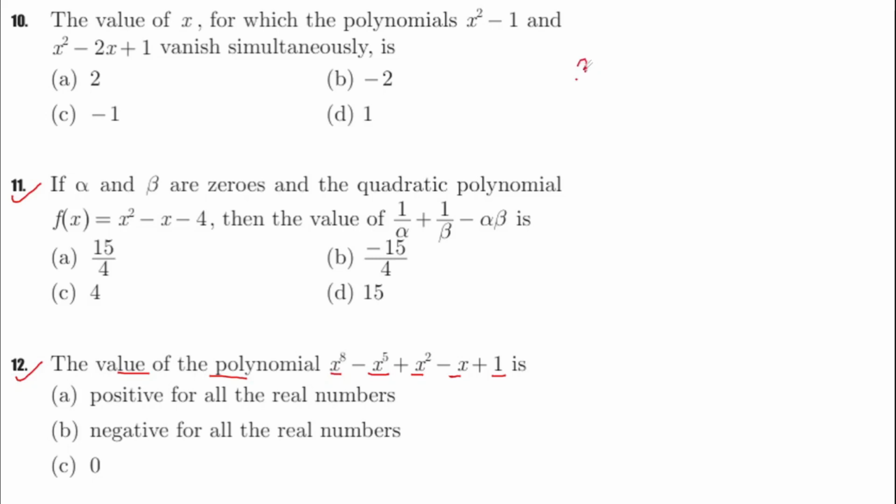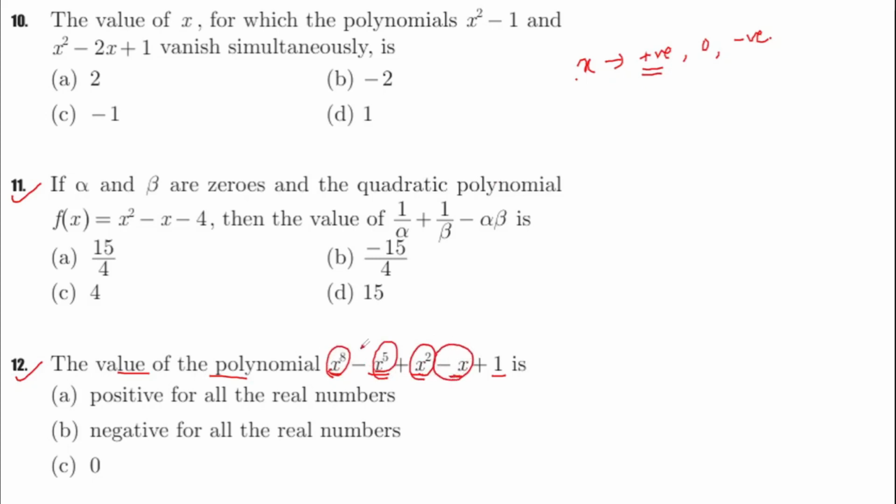In this question, the value of x can be positive, 0 or negative. If we put the value of x as positive, x to the power 8 will be a positive quantity, x to the power 5 will be a positive quantity.